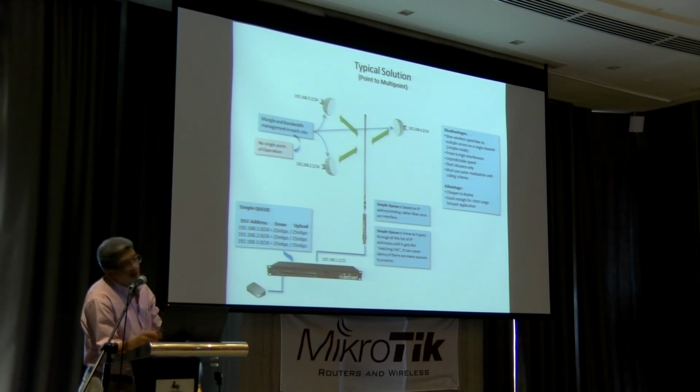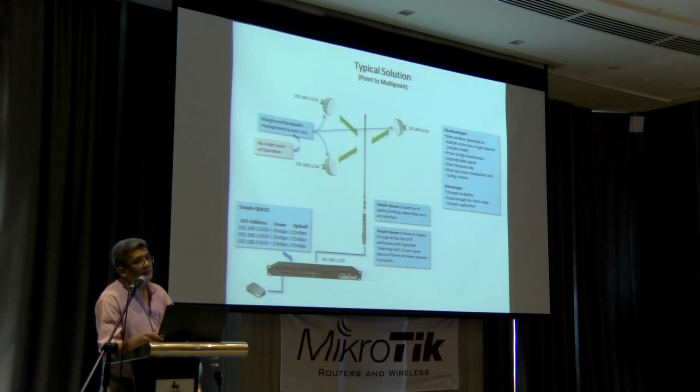Then most of the time, I see CPEs with the Mangle rule in them. So you don't have full control of each site. Instead of controlling it with your RB core router, you have to control it on every CPE.